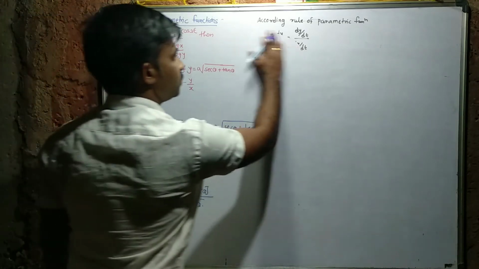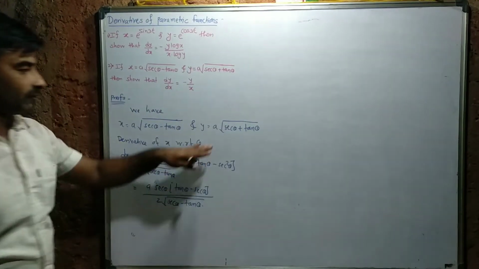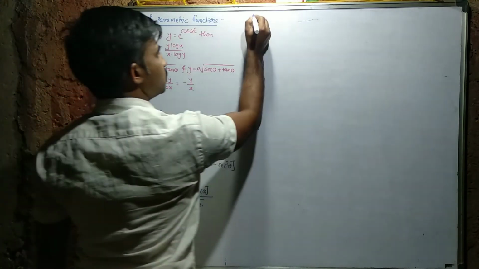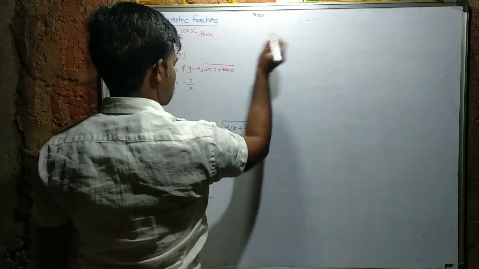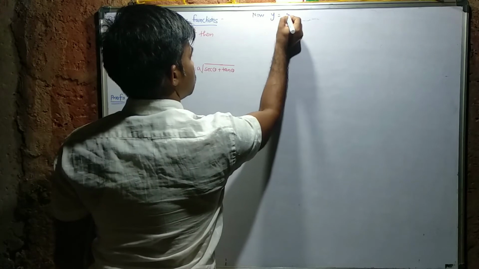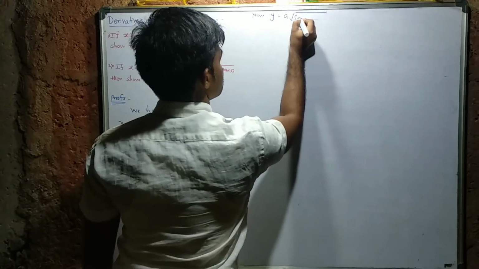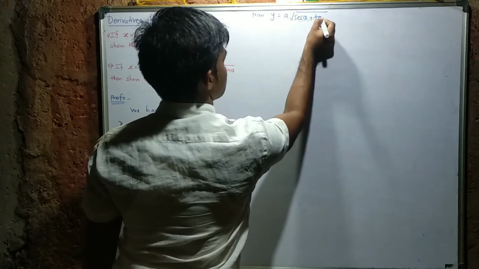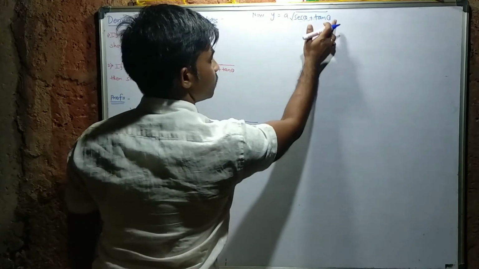Similarly, you can find the derivative of y with respect to theta. Now you have the consideration of y is equal to a into square root of sec theta plus tan theta, and once again y is a function of theta.